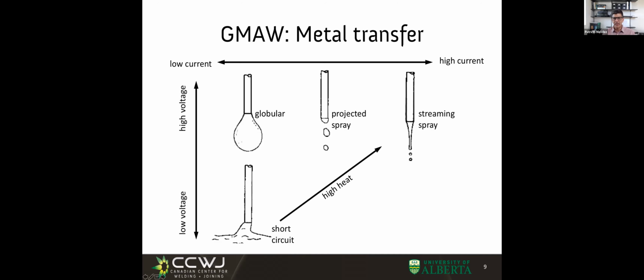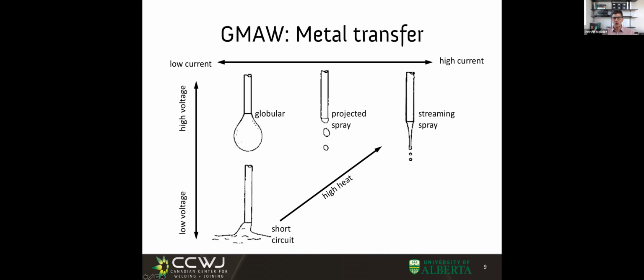When we have many small droplets, we call it spray transfer. And these two differences here between projected spray and streaming spray essentially say how you go from these big droplets through small droplets to really small droplets. And we're going to discuss what these two subtleties are.